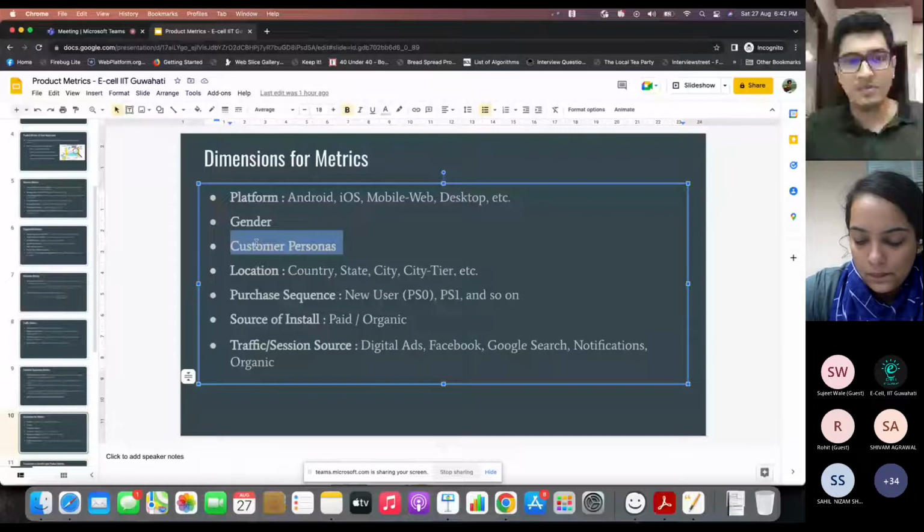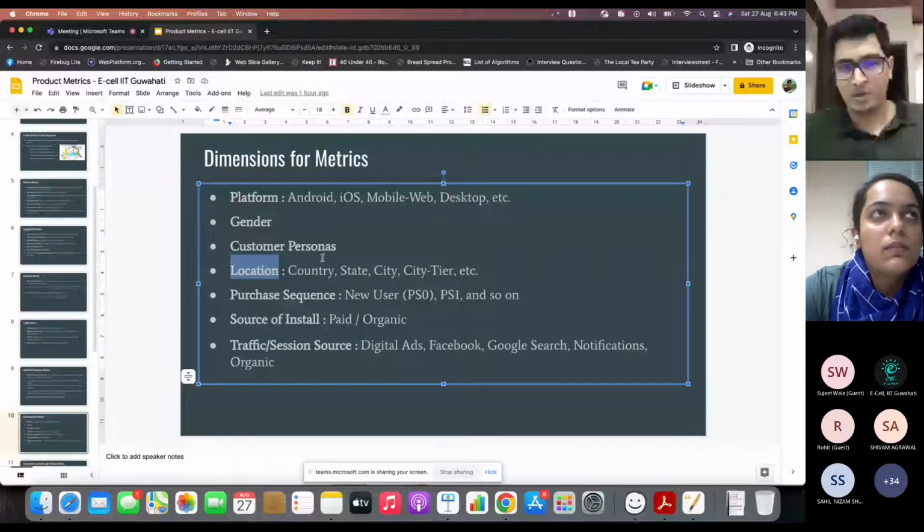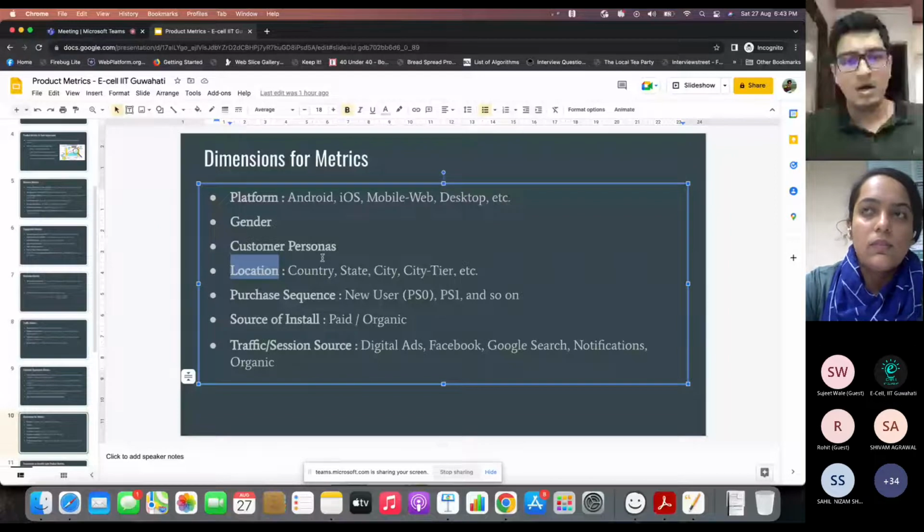Location is another dimension. For example, for Swiggy as a business, we are across 500 plus cities. So if you track metrics at an India level, it might not actually reflect a lot. What might be happening is that, let's say, tier one cities are showing a drop in conversion, but tier two cities are showing an increase in conversion. So that's why you need to look at the metrics at a location dimension as well.